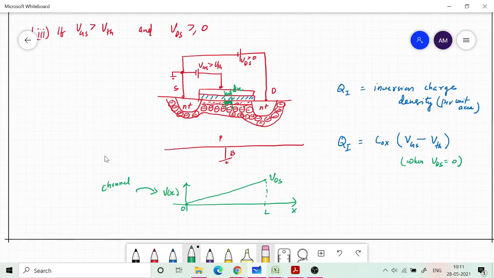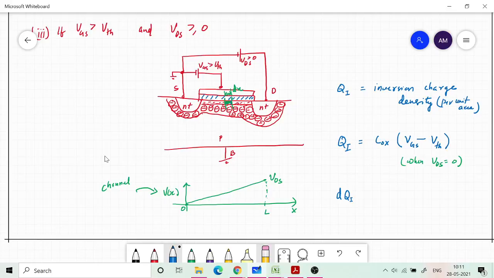If we consider a dx width inside the channel, and we want to talk about the inversion charge in that dx region, then we can call it dq. So dq is basically the inversion charge in that portion called dx.